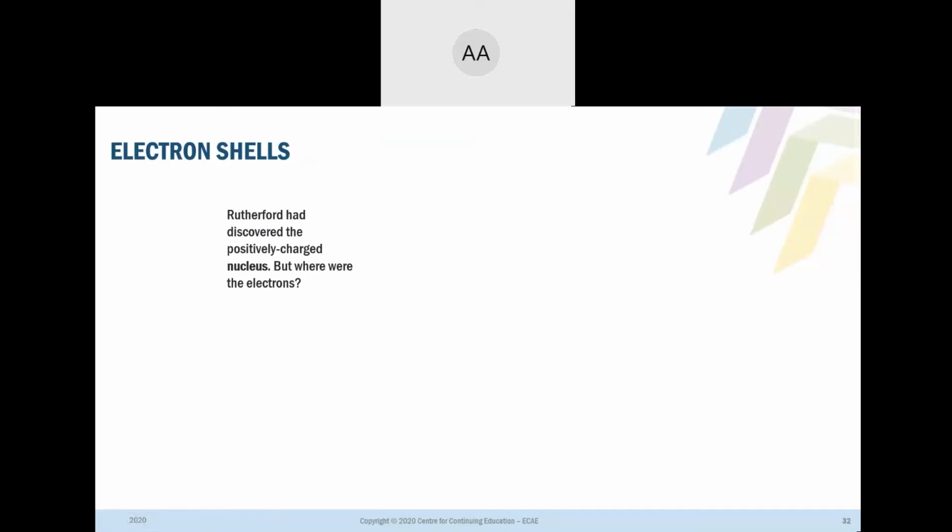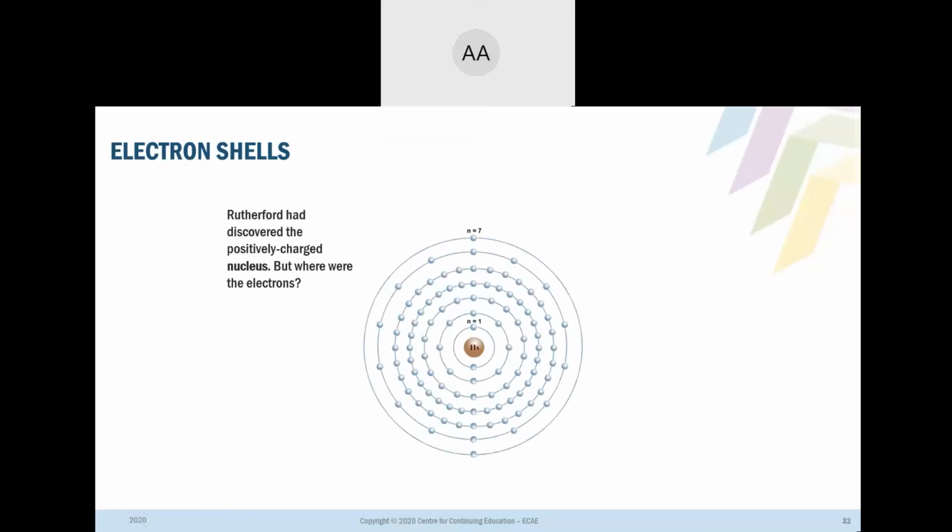the electrons? So Niels Bohr later on suggested that electrons orbited the nucleus in shells, nonetheless, as we all know now, like planets orbiting the sun.